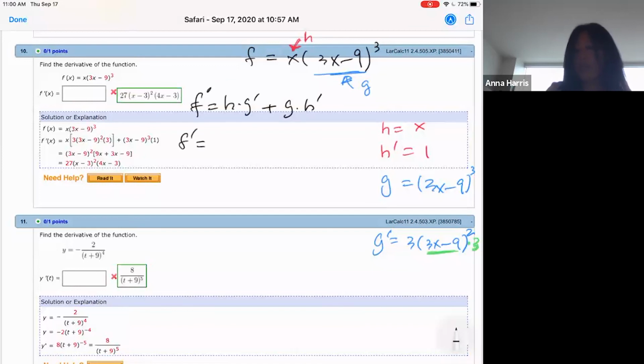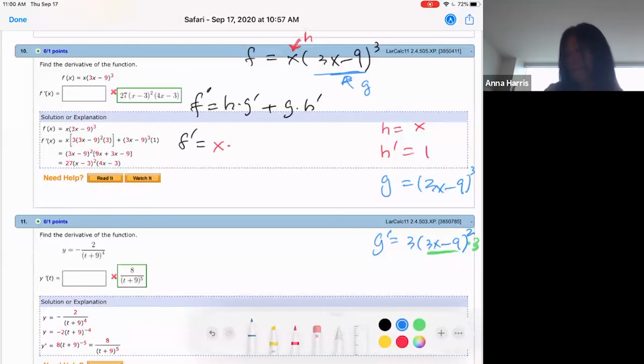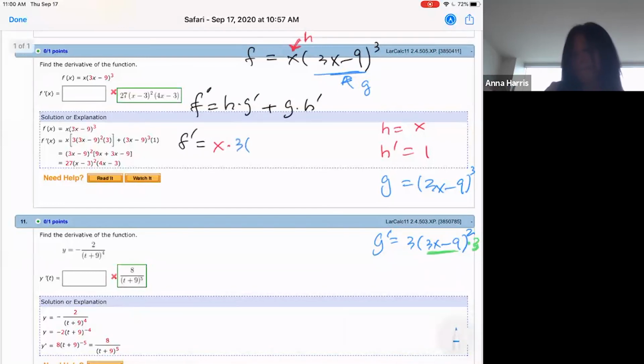So f prime in this case is equal to, I'll write it down, x times g prime, so 3 times (3x minus 9) to the 2 power times 3, and plus g, which is (3x minus 9) to the third power, times h prime, 1.